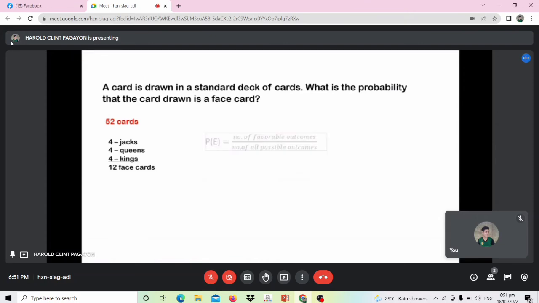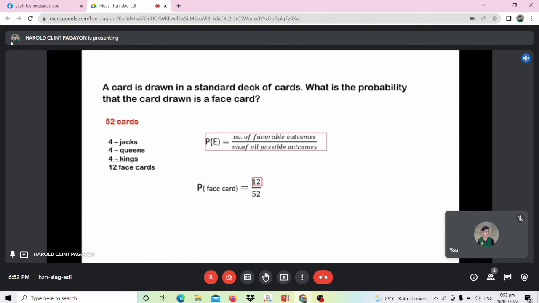formula, which is P of E equals the number of favorable outcomes all over the number of all possible outcomes. So let's substitute our given values there. The probability of a face card being drawn is equal to 12 over 52.